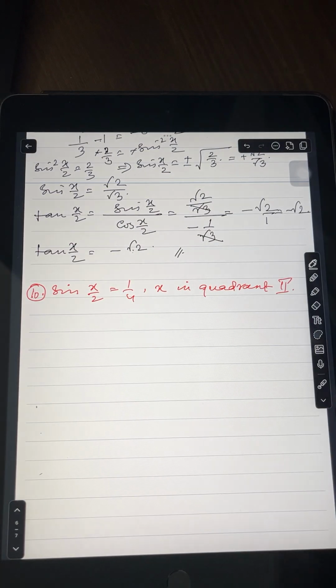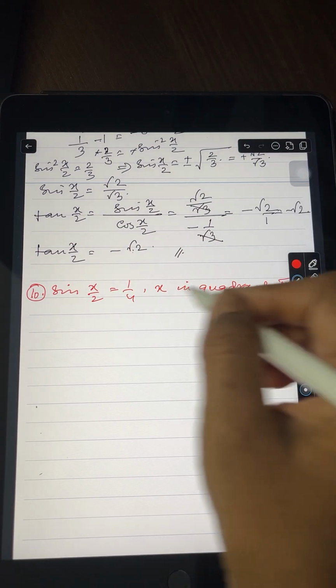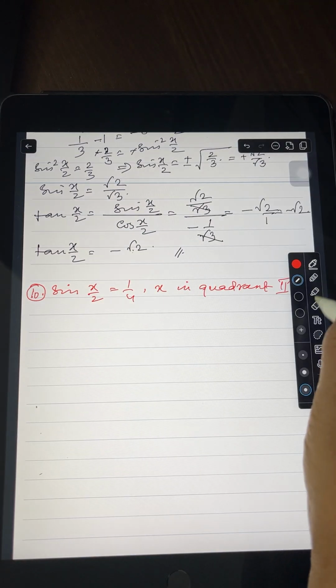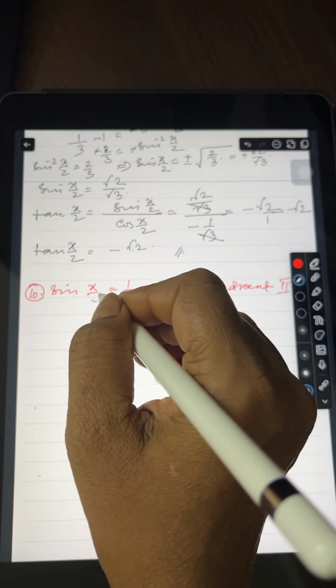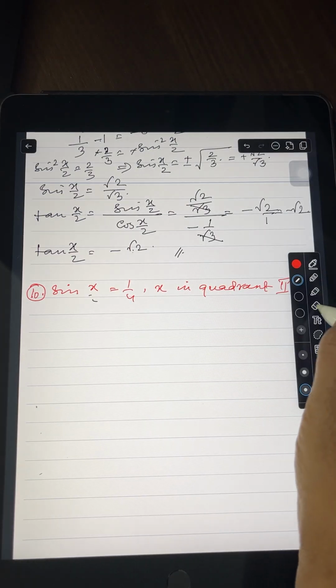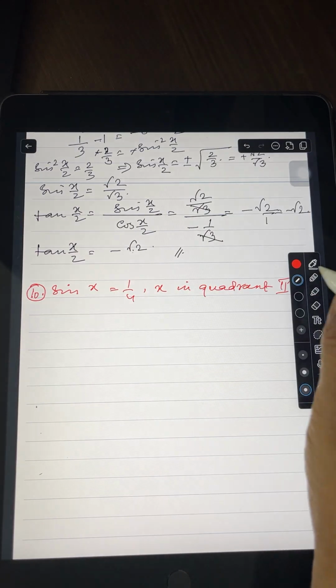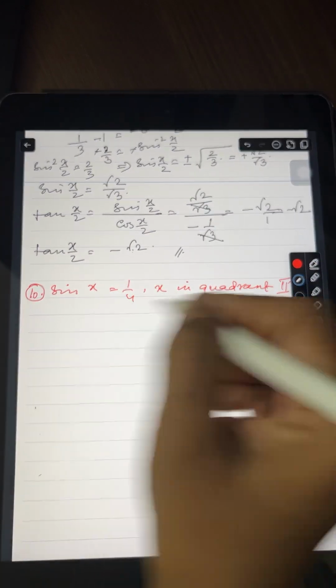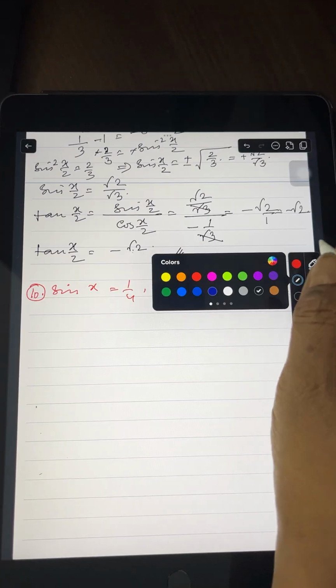This is sin x. Question, I have written it wrong. Sin x is 1 by 4.